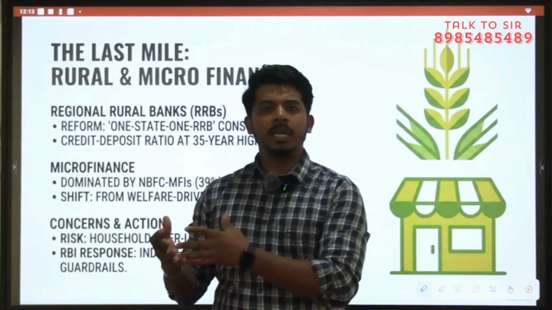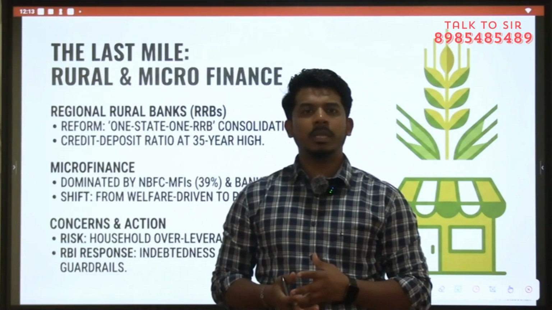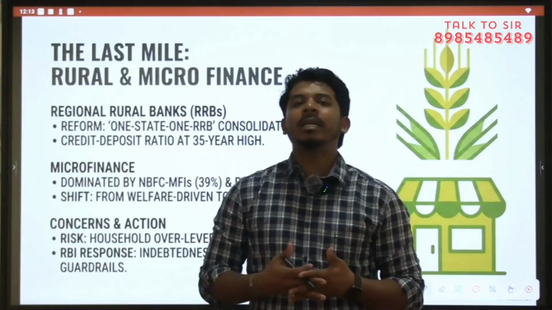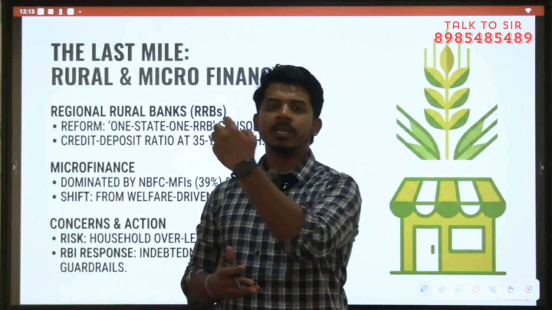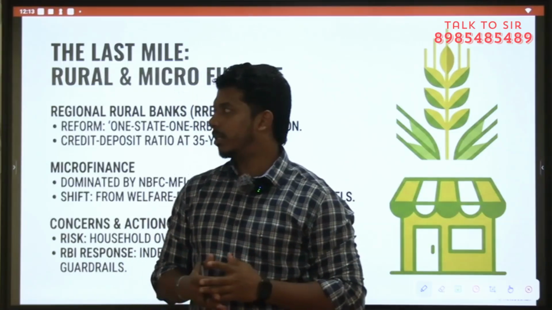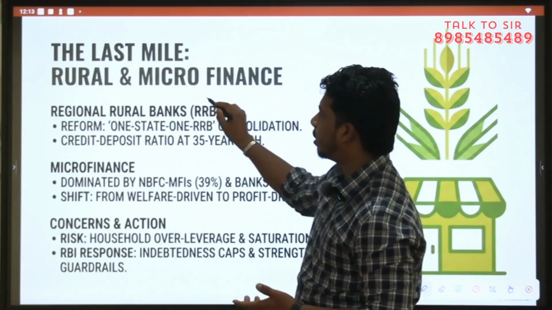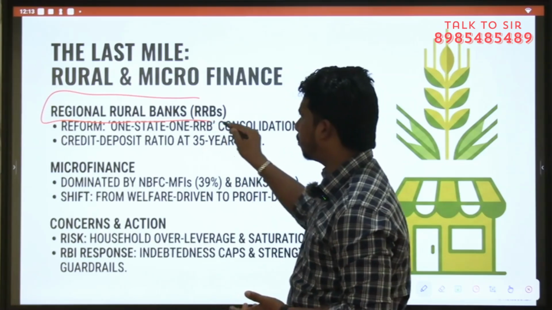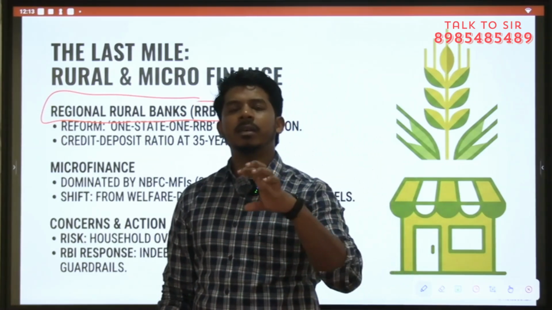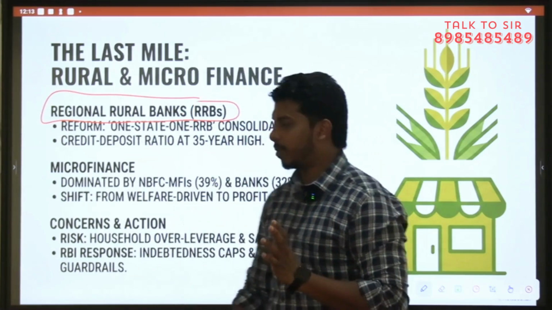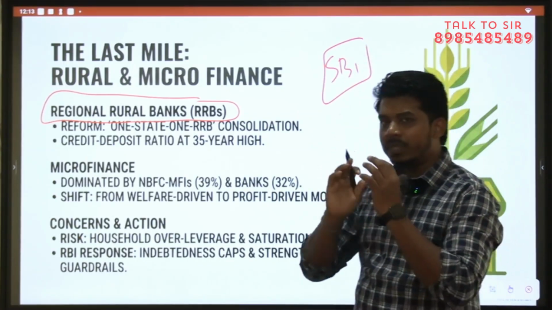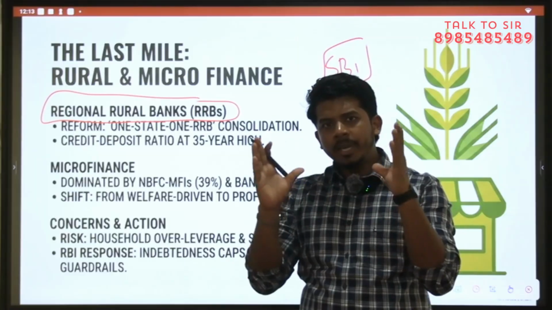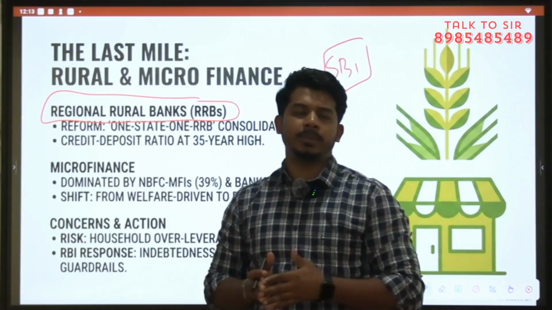What about the common person living in rural areas? They are not so well included in the traditional financial and banking system. To give financial services to the common rural person, the Government of India has formed something called regional rural banks. See, these large banks, take SBI. SBI is throughout India. It is very big. It is too big to focus on the common ordinary person.